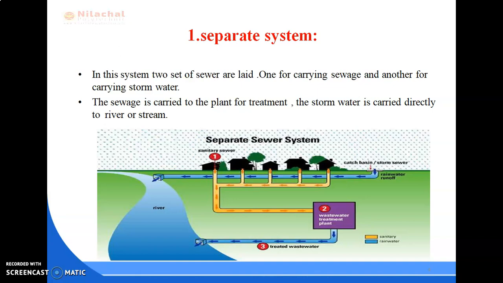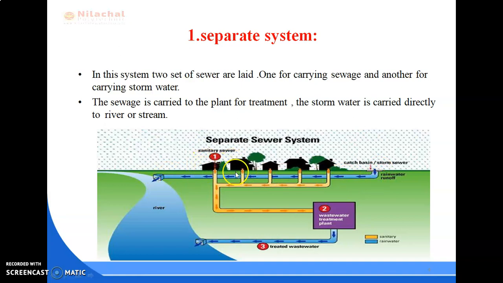This is the separate system, which is clearly shown in this figure. This is the sanitary sewer shown in number 1, and this one carries the storm water, which is directly discharged to the river or lake nearer to this point.